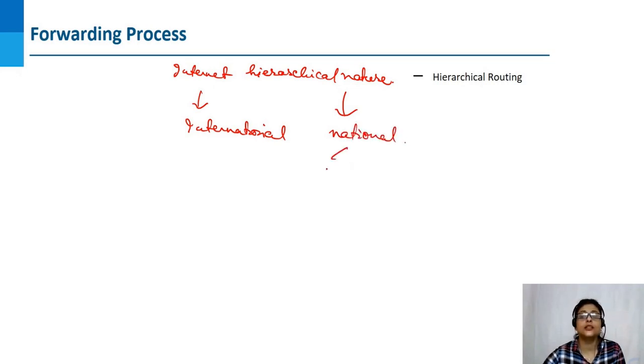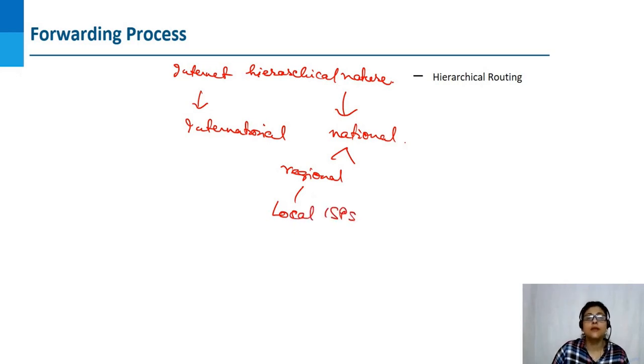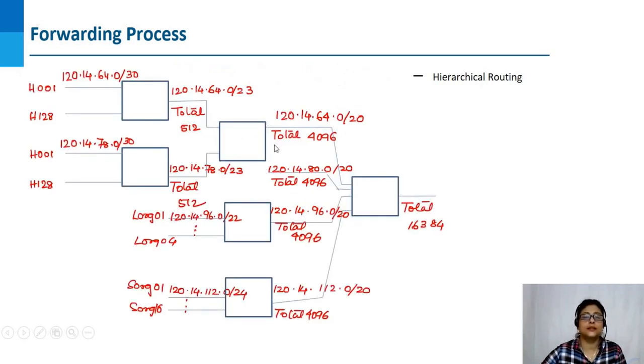These national ISPs are again further divided into regional ISPs, and these regional ISPs are divided into local ISPs. So in the same manner as the internet has a hierarchical nature, the routing also can be hierarchical, which will greatly reduce the routing table. So this is the example of hierarchical routing.